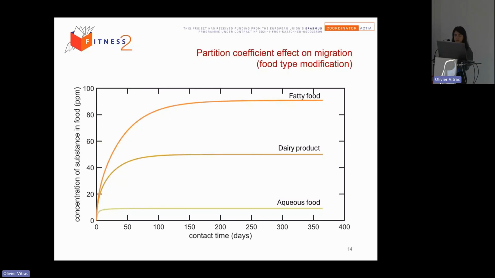Here, for example, is a really simple example to show the effect of the partition coefficient on the migration level.